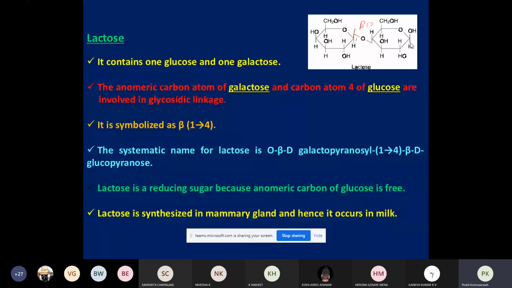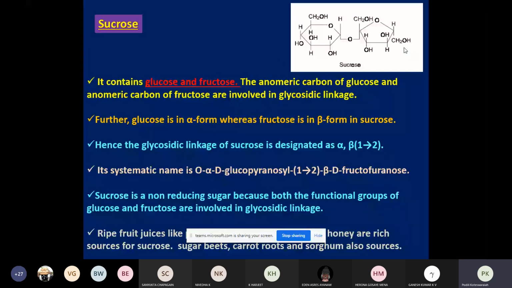And coming to sucrose, you can carefully see that sucrose is composed of glucose and fructose, and the linkage is the alpha-1, beta-2 glycosidic bond, alpha-1 double-headed arrow beta-2 glycosidic bond.